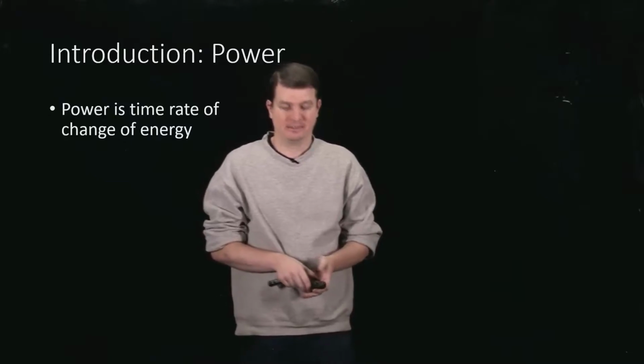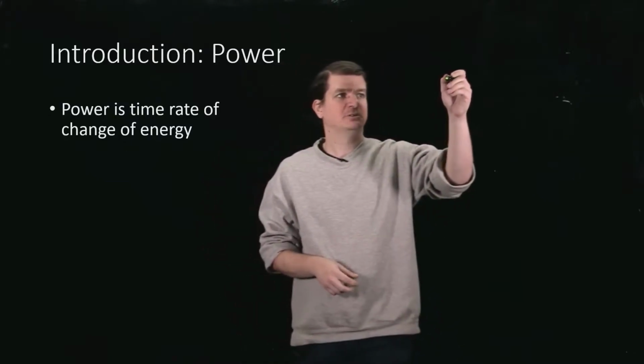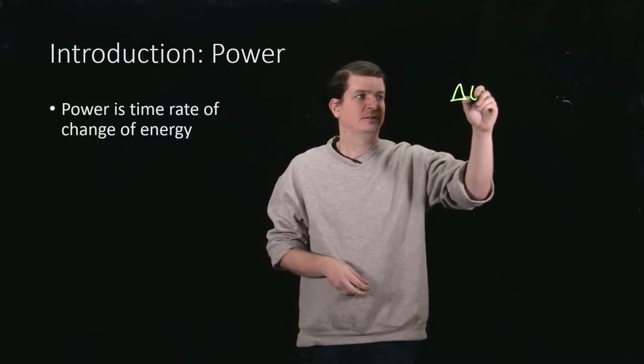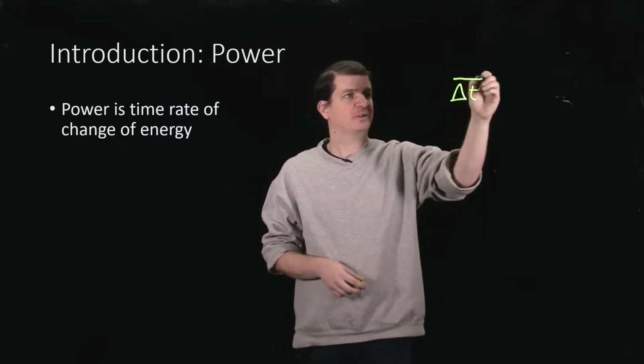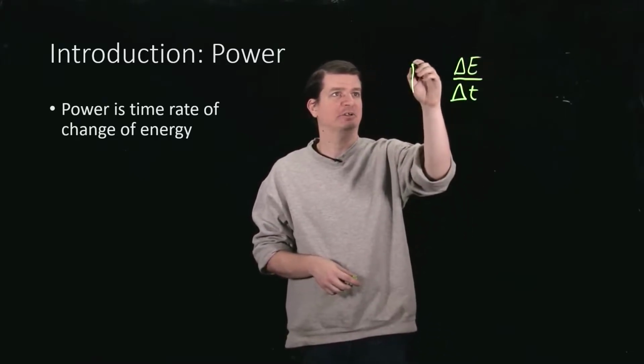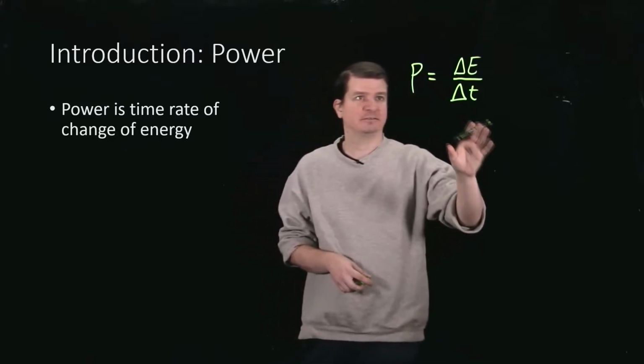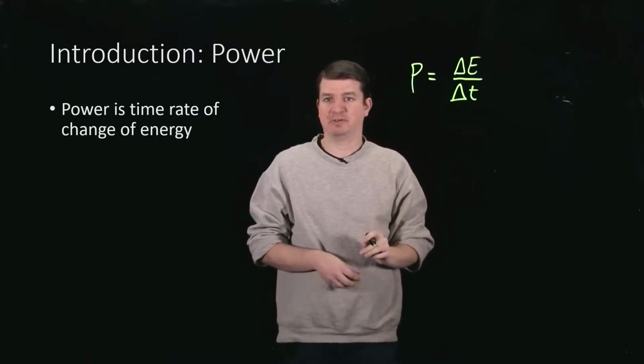That is to say that if we've got some interval delta t, and we measure during that interval that we had a change in energy of delta E, then that is what we're talking about. That's our power. And if that's nice and constant, then we're getting just some single value for power.